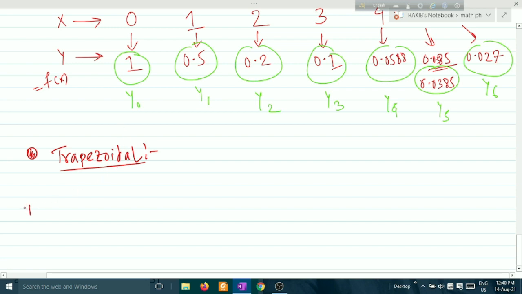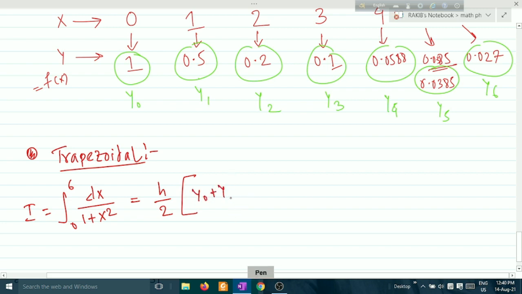Say this integration is given as 0 to 6 dx upon 1 plus x square, and the formula was what? h by 2 into y0 plus yn.